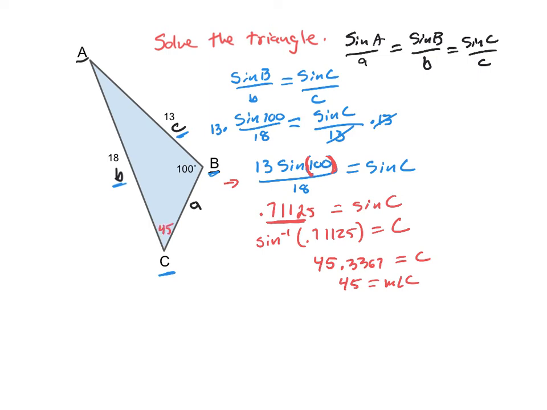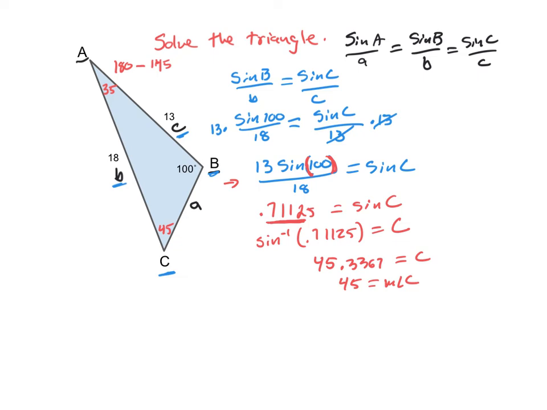Now, I can find angle A just by subtracting. So again, to find angle A, we have 180 degrees minus 145, which is going to be 35. So now angle A is 35 degrees. Now I can use the law of sines again.